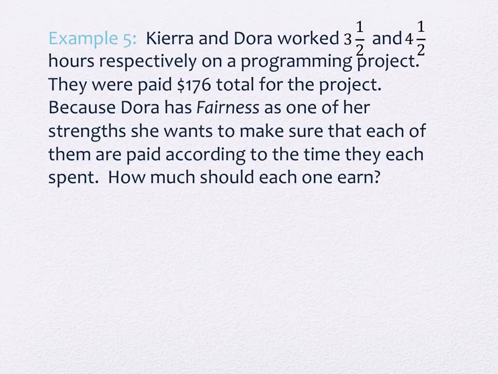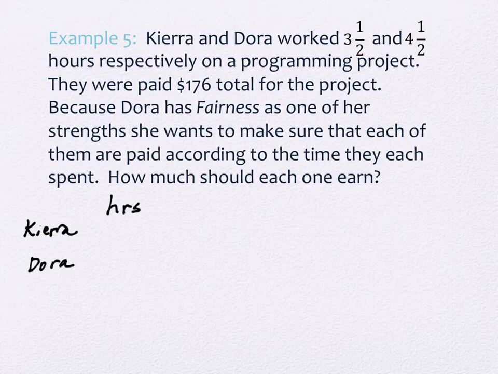Okay. So we have a couple of different ways we can set this up. One comparison that we could make is what happens to Kierra versus what happens to Dora, right? So we have Kierra and Dora. And the other comparison would be the number of hours they worked.